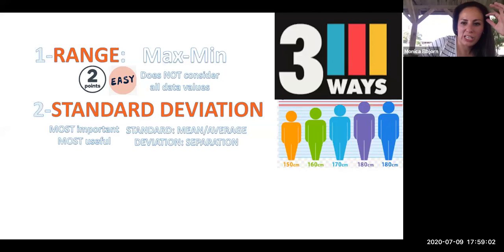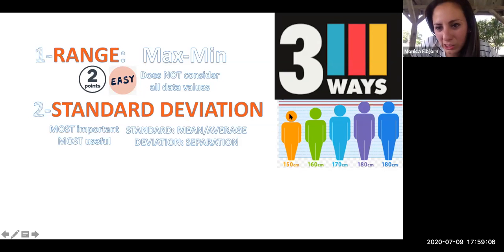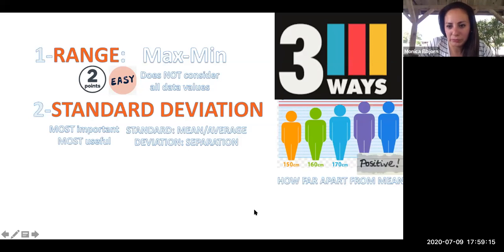So the standard deviation will be 3, because that's how far off they are from the mean. So how far apart from the mean.